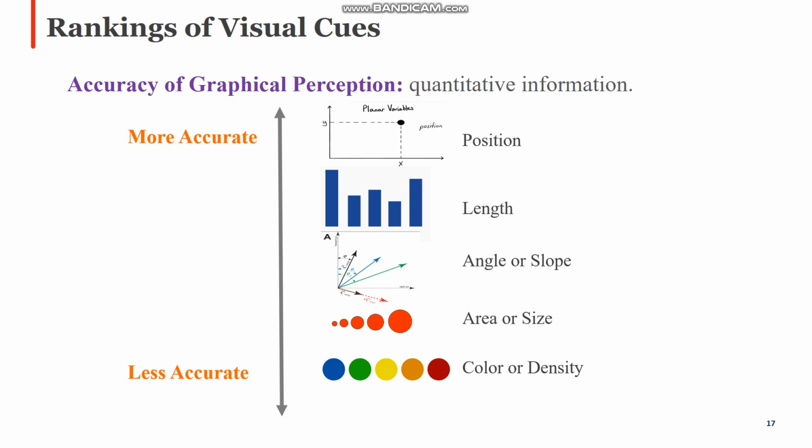Generally speaking, you would display the most important data variables using the more accurate visual cues, like position and length. For less important data variables, you may choose the less accurate visual cues, like color and size.